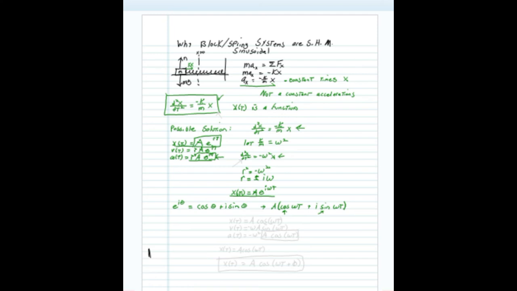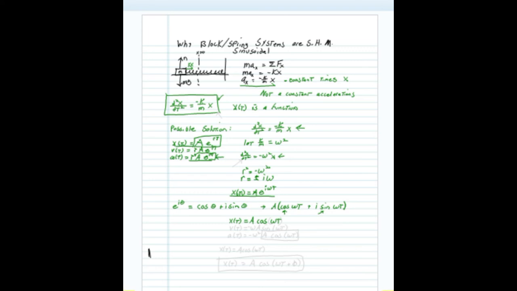In some other instances, when we're talking about electricity and magnetism, using this imaginary solution actually does have actual benefit, but for our purposes here in mechanics, only the real part of the solution is actually useful. So I'm going to reduce that and say that x of t is a times cosine omega t. So it is a sinusoidal function, okay?